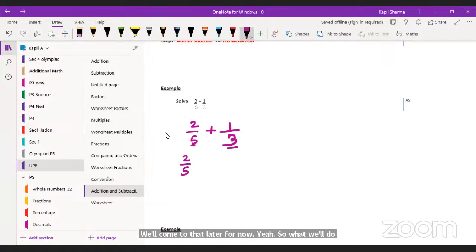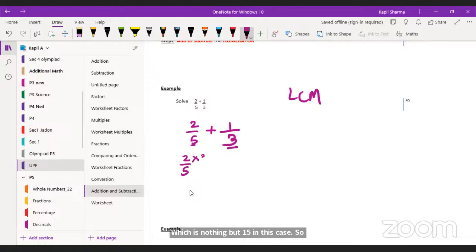For now, you can see here we have 5, here we have 3. Okay. So if we think carefully, then the common denominator can be the least common multiple, or LCM, which is nothing but 15 in this case. So somehow we need to get 15 here.